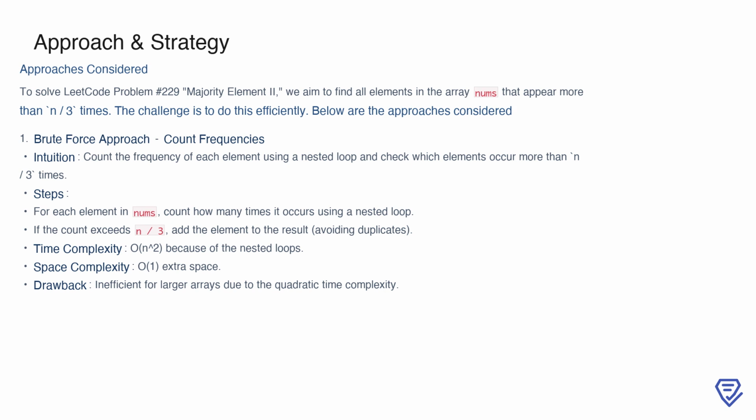This method is simple to understand but highly inefficient, as it requires nested loops, resulting in a time complexity of O(n²). The space complexity, however, is O(1), as no additional data structures are needed. The major drawback is that this approach becomes impractical for larger arrays due to its quadratic time complexity, making it unsuitable for efficient problem solving.